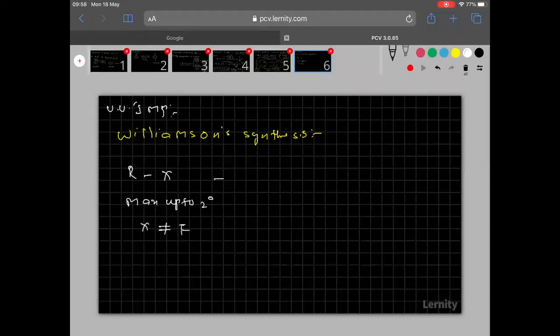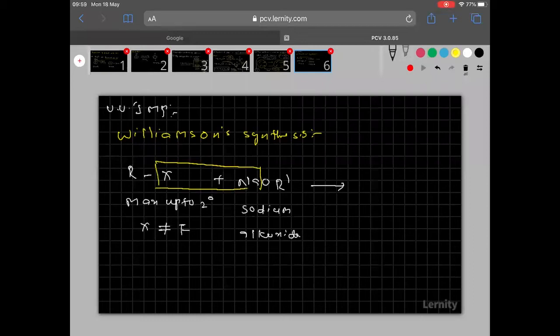When this is treated with NaOR dash, what is the name of NaOR dash? It is called sodium alkoxide. Then remove the NaX part. Then what is the product obtained? ROR dash, which is called ether.